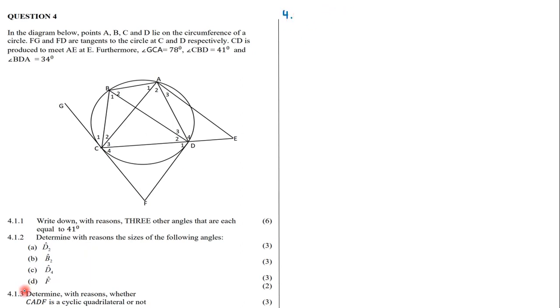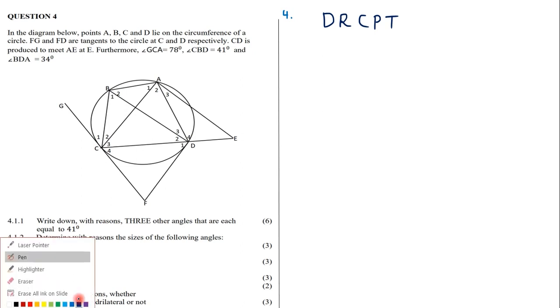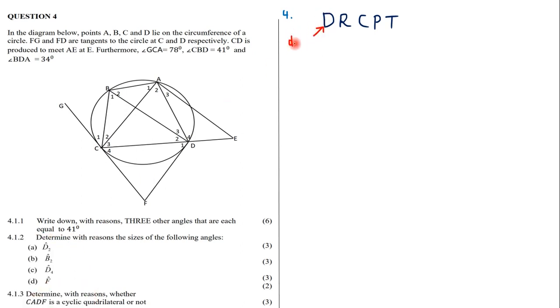In order for you to do this, we're going to use something called DRCPT, which I'm going to write out. What does DRCPT stand for? The D stands for diameter, so we focus on all the theorems that have a diameter. The R focuses on the radius.